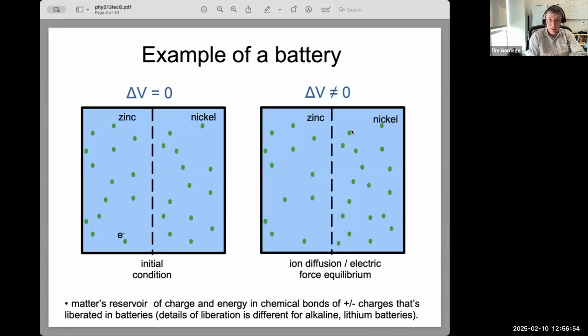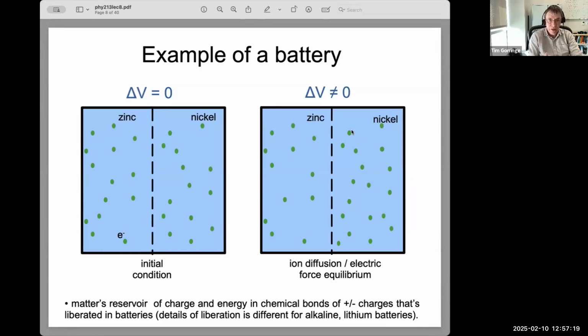And that is like a hill that the electrons would have to climb up. And you end up with an equilibrium between the zinc electrons wanting to diffuse over to the nickel side because of the greater affinity of nickel, the lesser affinity of zinc, and the zinc electrons not wanting to climb up the hill that they would have to climb up to get from the zinc side to the nickel side.